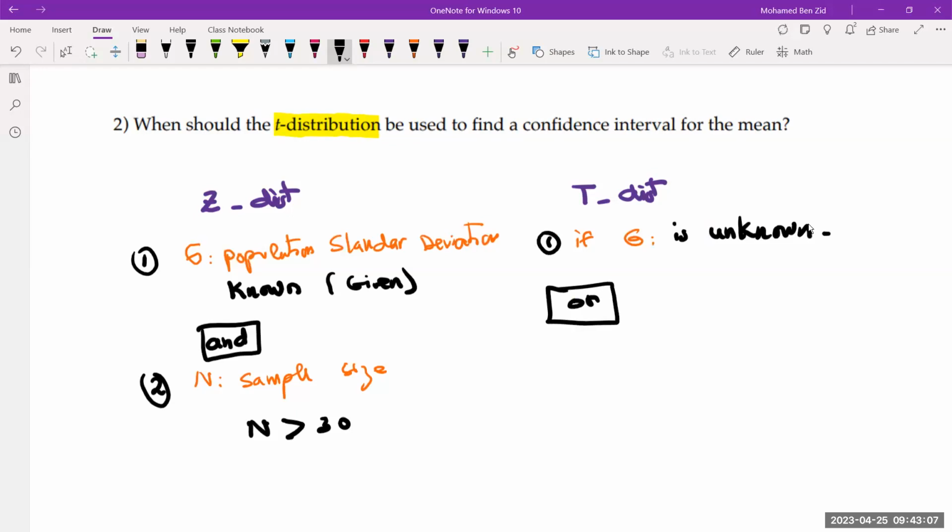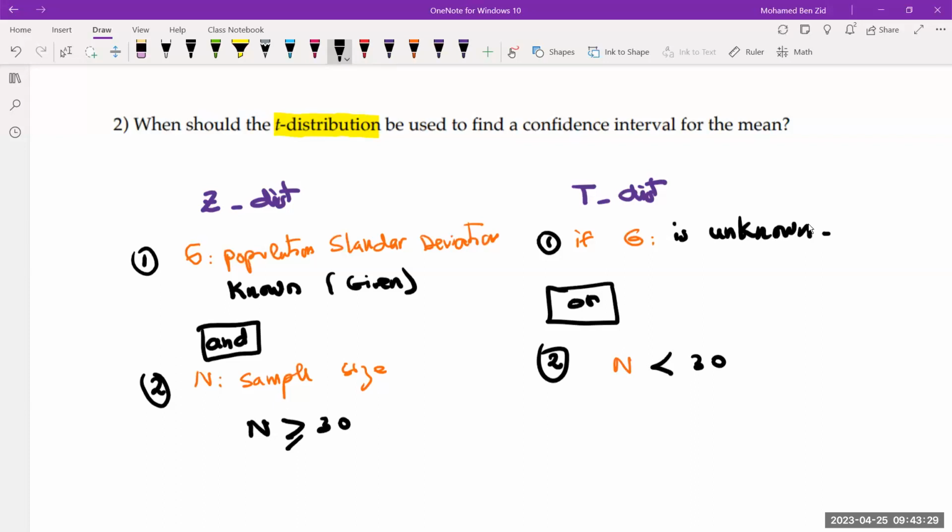Whenever I use "or," it means one condition or the other. The second condition could be that n, the sample size, is less than 30. Here I should include the equal sign on the z side, and the second one here can be less than 30.